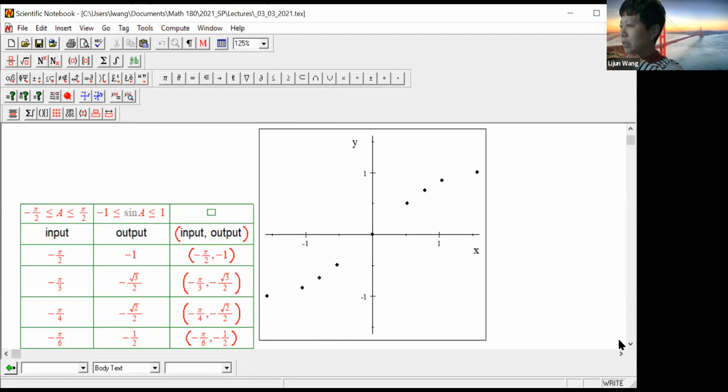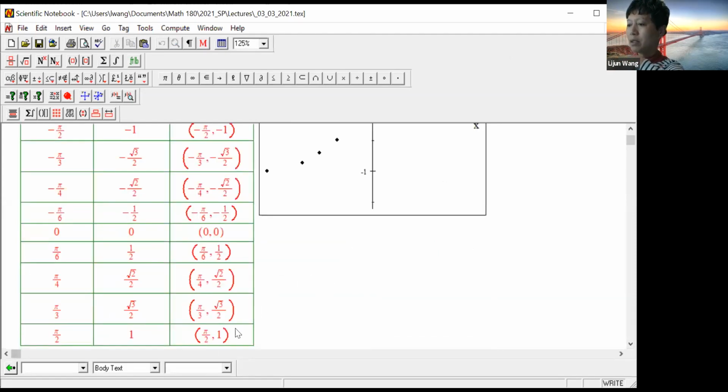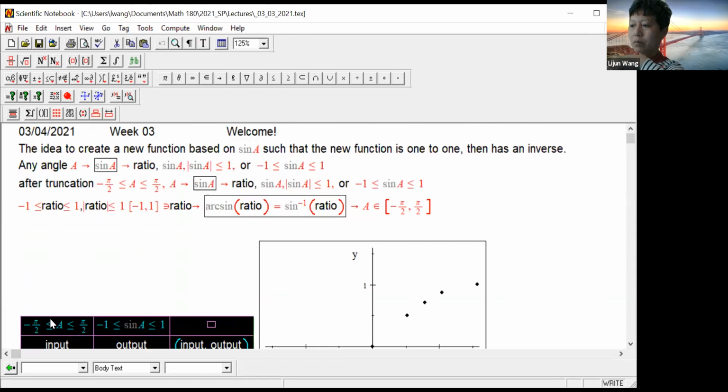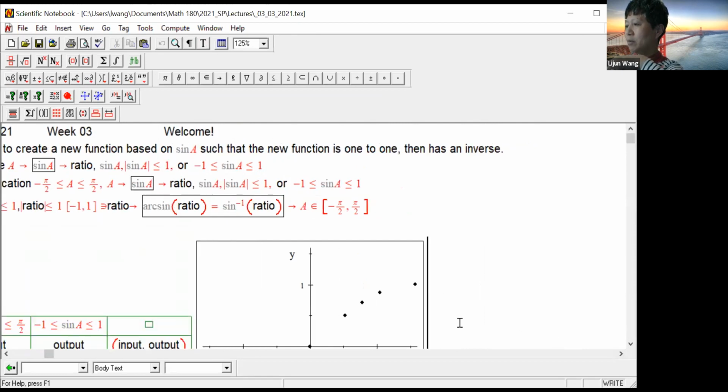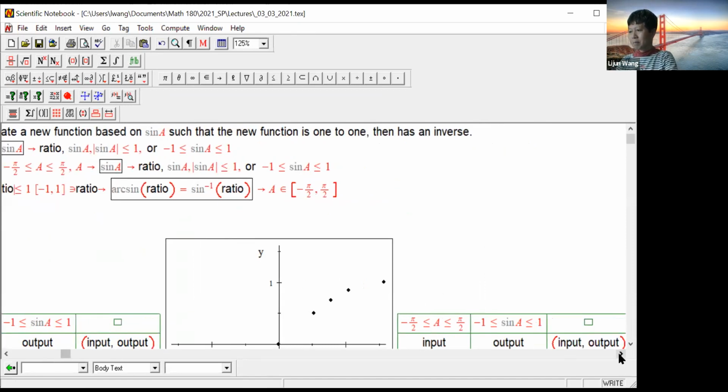So I'm going to take this table. I'm making a similar table. I put it on the other side. Okay.